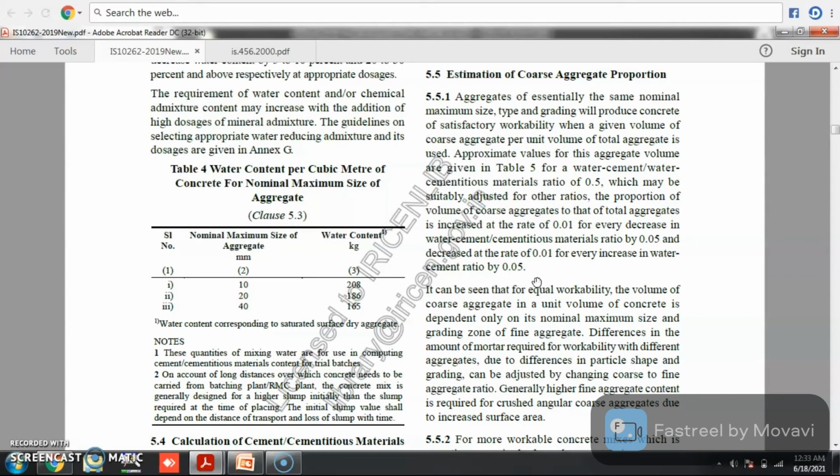If your water cement ratio is higher than 0.5, you have to decrease it. For every change of 0.05 in water cement ratio, you have to change by 0.01. This is the water cement ratio correction.